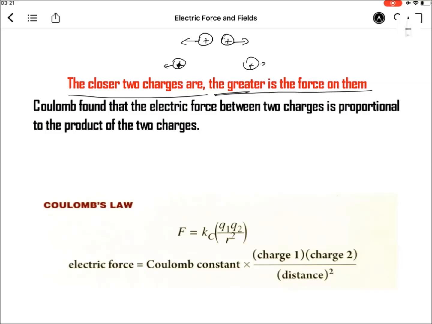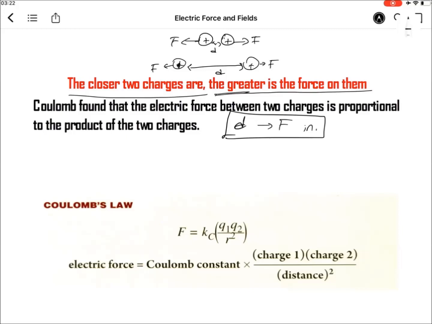Coulomb discovered that there is a force here. In any way, there is a force. Distance between charges and the force are inversely proportional, because when they move away from each other, they apply less force on each other.